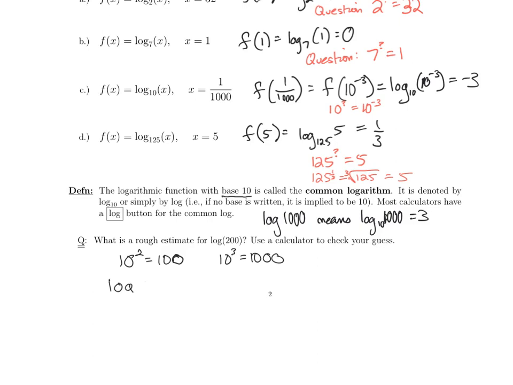So therefore, log of 200, which is the same as log base 10 of 200, well, the power I have to raise 10 to in order to get 200 is going to be between 2 and 3. So it's going to be a little bit bigger than 2. And you can type that into your calculator using the log button in order to work with this.